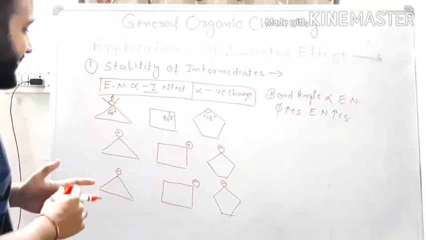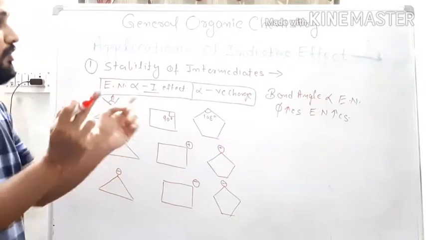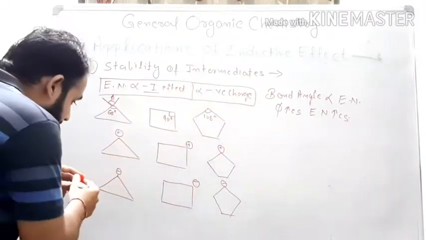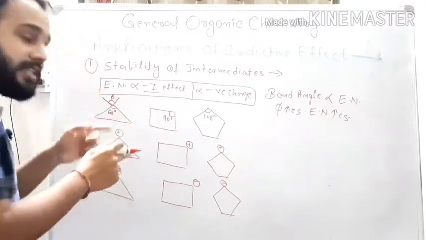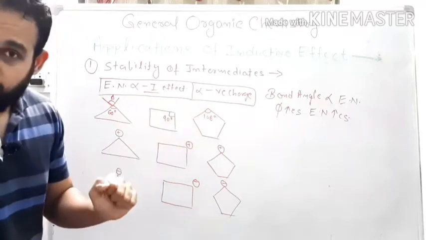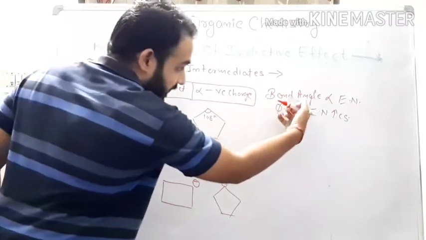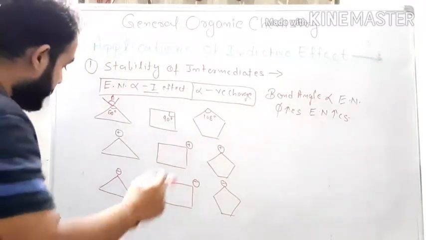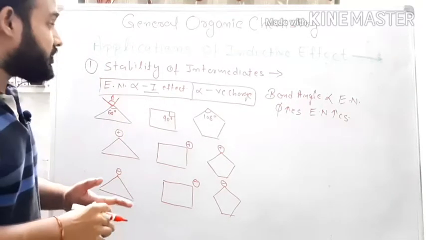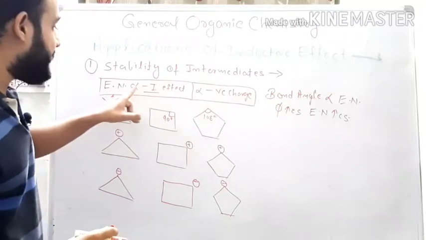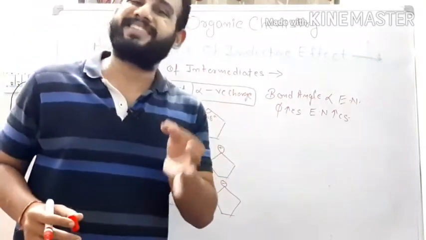So you can easily see that in cyclopropane the highest value of phi, the outer bond angle, is present, because higher angle strain is present compared to cyclobutane and cyclopentane. Because of this high value of outer bond angle, it possesses negative charge strongly, because its electronegativity will be high, and high electronegativity means high minus I effect, and when the minus I effect is high, it will possess negative charge.